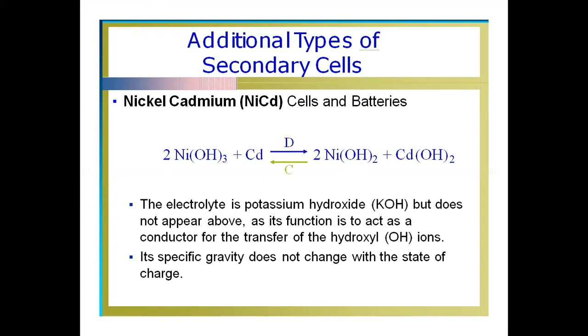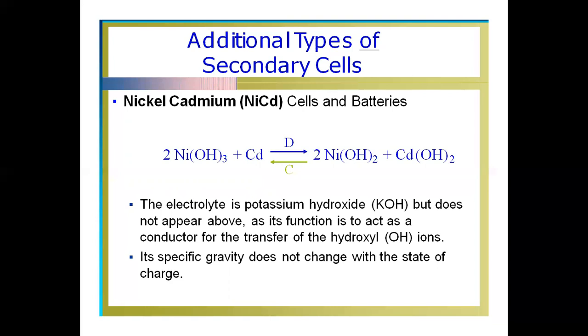The reaction for charging and discharging is like this: NiOH3 plus Cd is the discharge reaction. It gives 2 NiOH2 plus CdOH2, and it is reversible during charging. The chemical reaction is reversible.